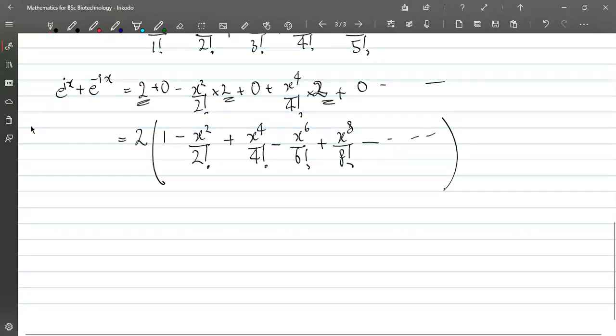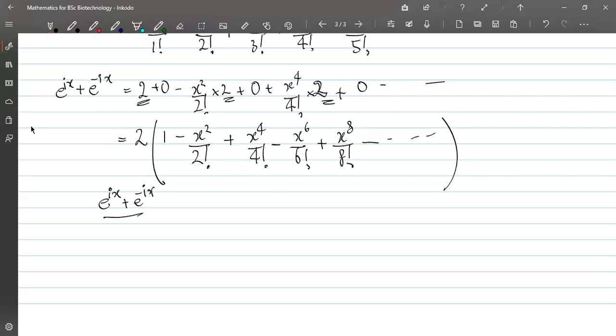So if you divide by 2, e to the ix plus e to the minus ix divided by 2, by taking 2 to the other side, this is 1 minus x square by 2 factorial plus x to the 4 by 4 factorial minus x to the 6 by 6 factorial, and so on, right?